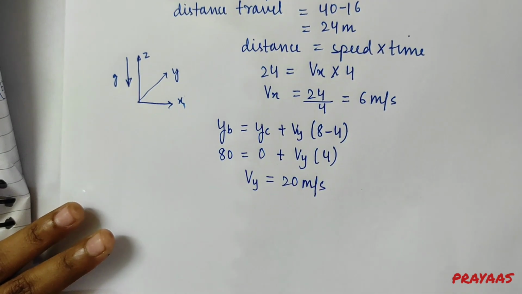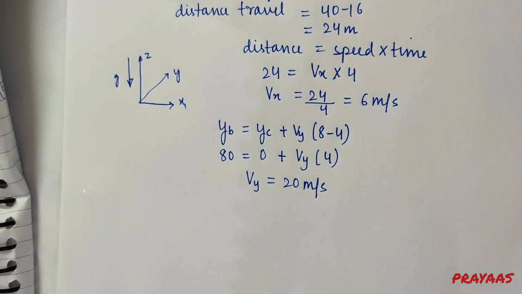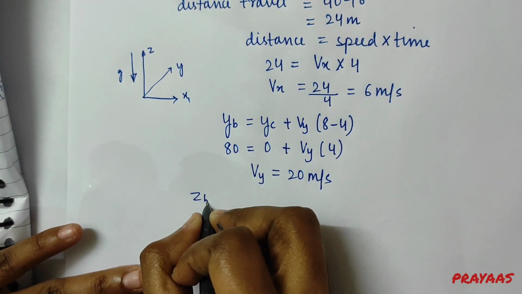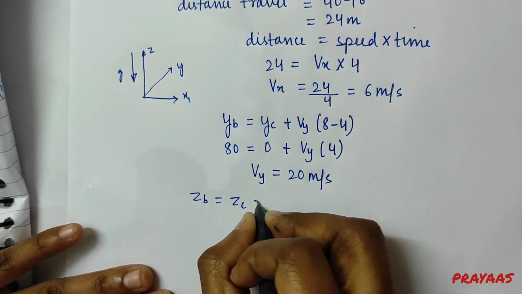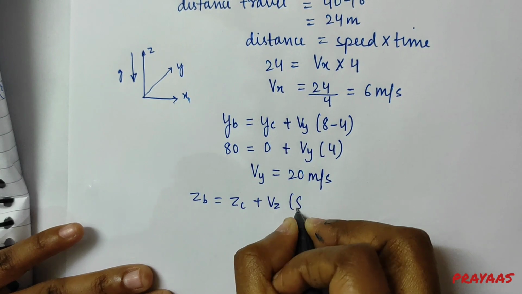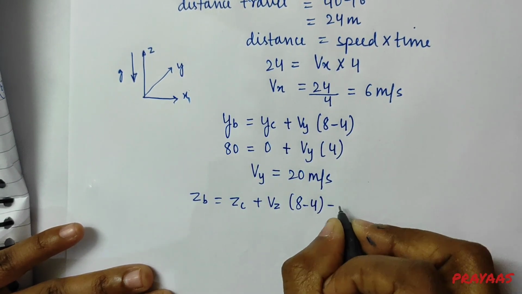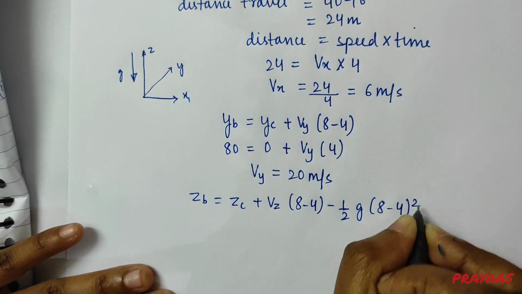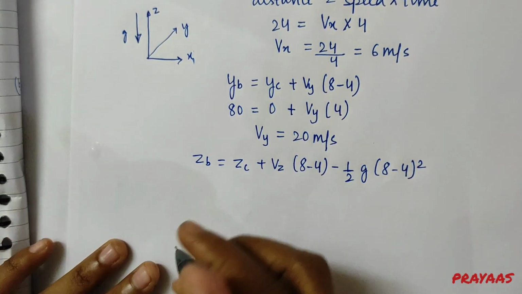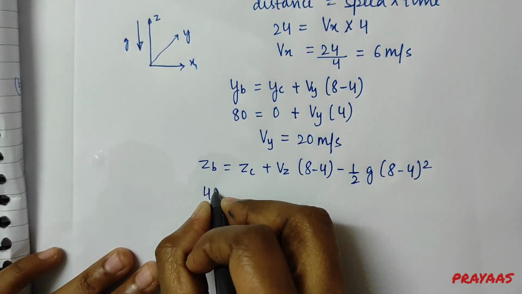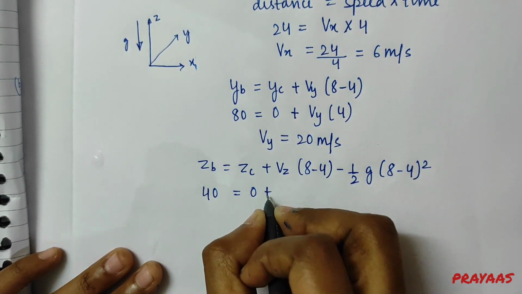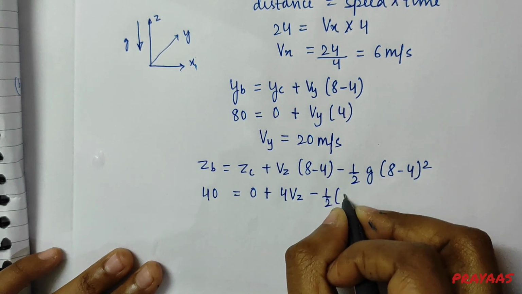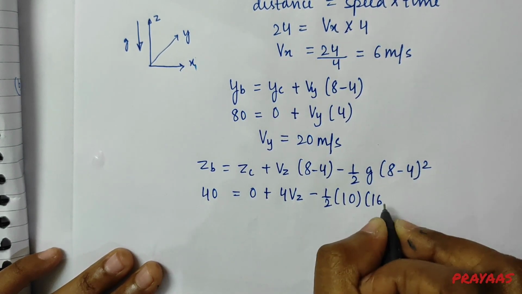For finding the z coordinate of the velocity, zb is equals to zc plus vz into (8 minus 4), time taken, minus half g (8 minus 4) square. Zb will be what? 40 initial, 0 plus 4 vz minus 4 into 10 into 16.